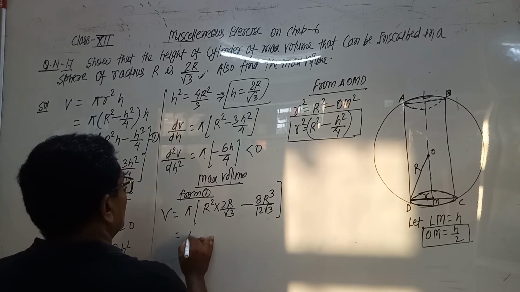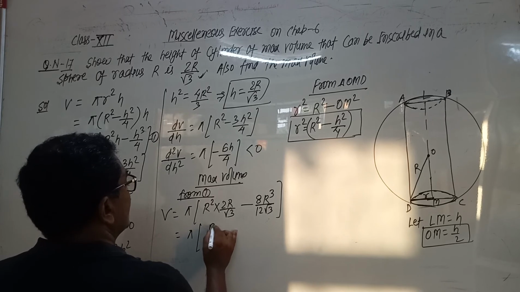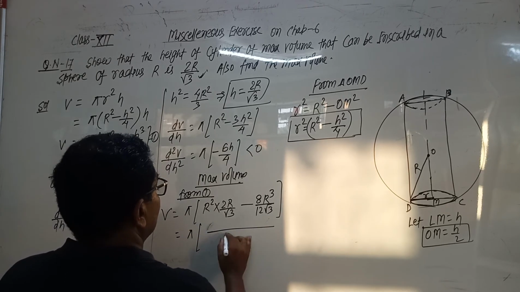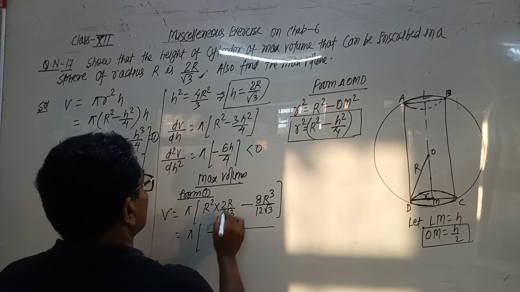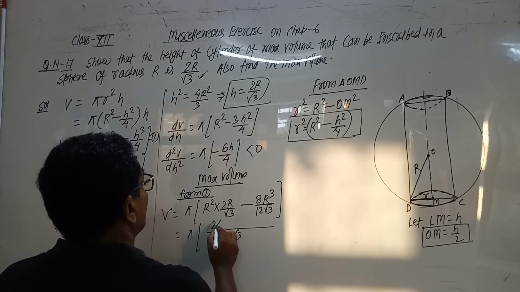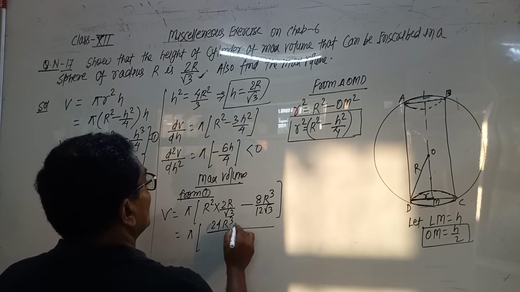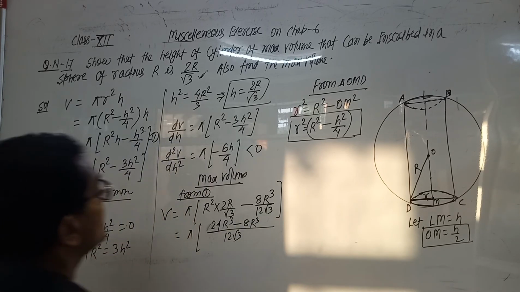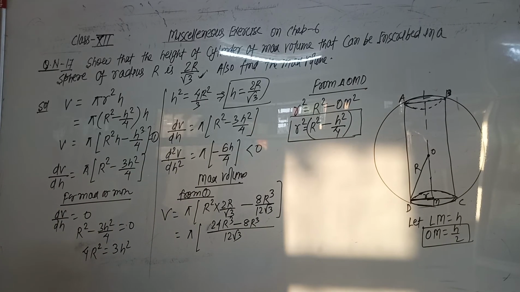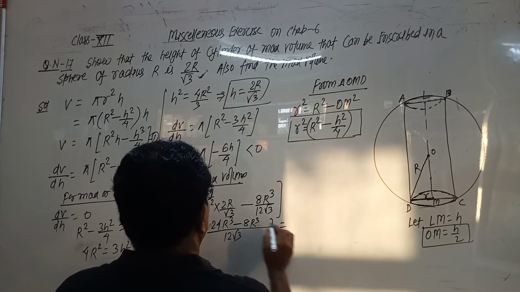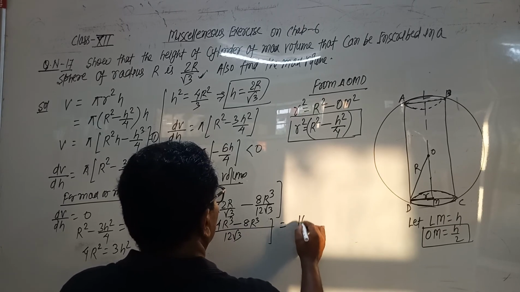So pi r cube, taking LCM, is 12 root 3. So we get 12 into 2, 24 r cube minus 8 r cube.